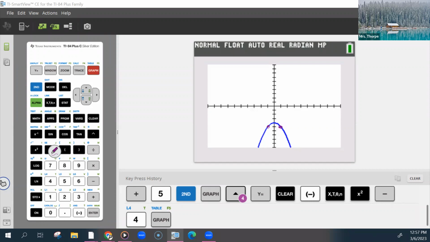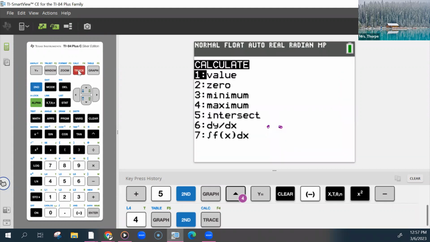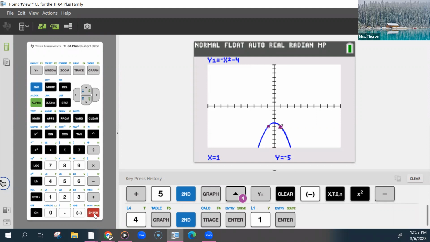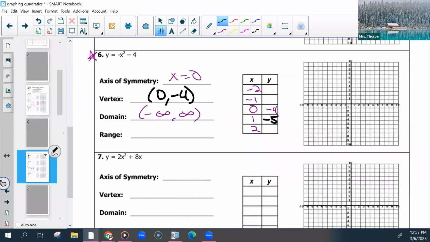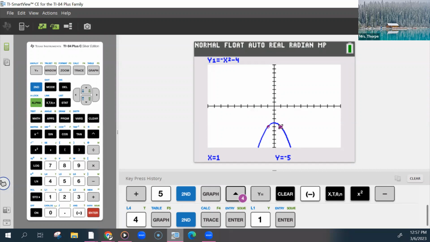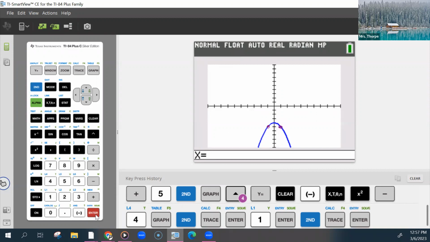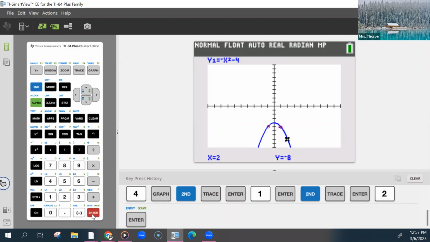So I'm going to go into second trace. But this time I'm going to do value. I'm looking for a y value. So number 1, and I would put in one of those values. So when x is 1, y is -5. And that shows me that this is -5 and this is -5. And I can do the same thing for -2 or 2, doesn't matter. So second trace, the first one, and then you can put in 2 or -2, doesn't matter, and it'll tell you what the value is.